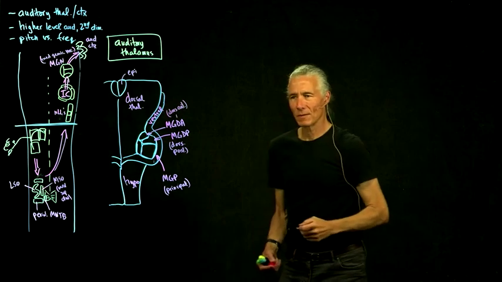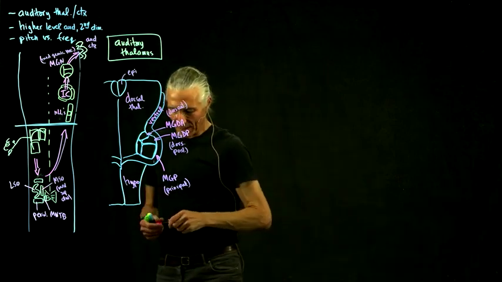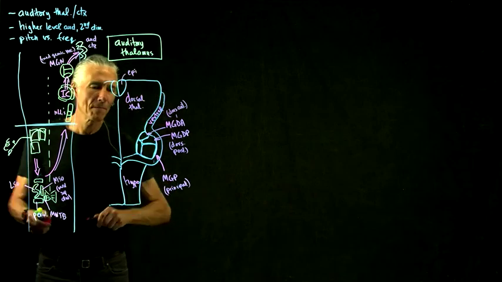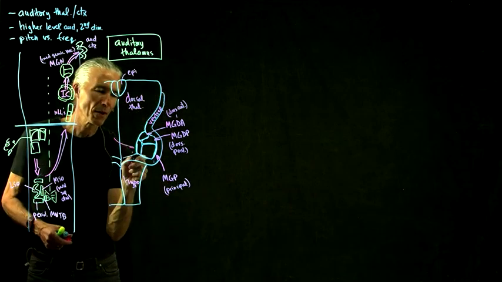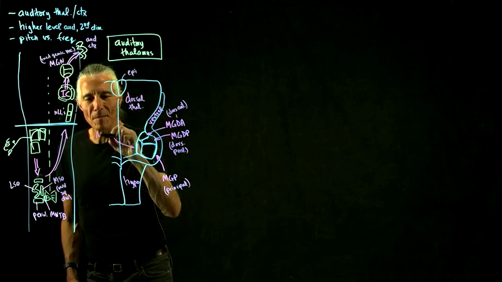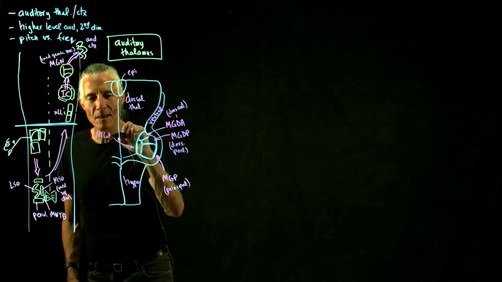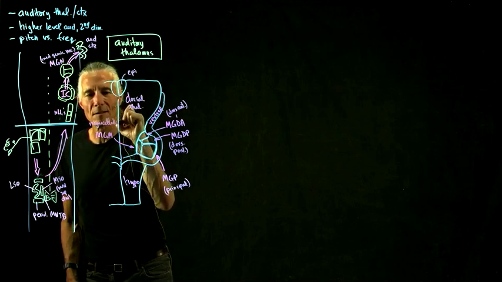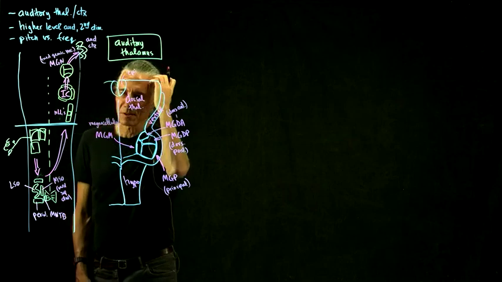Okay, so that's the kind of layout there, and then there's a fourth one. This one's called the MGM, the magnocellular medial geniculate.